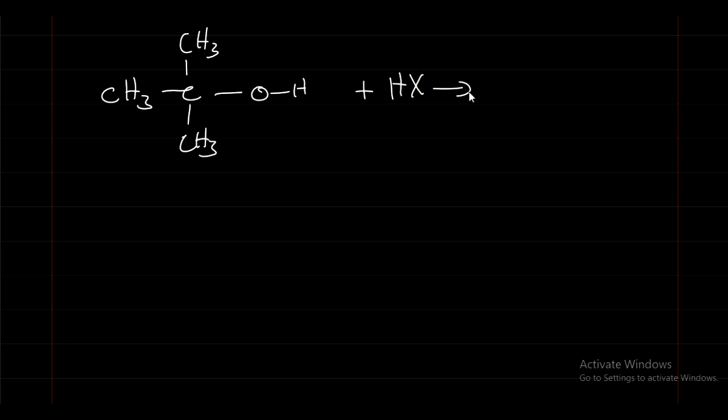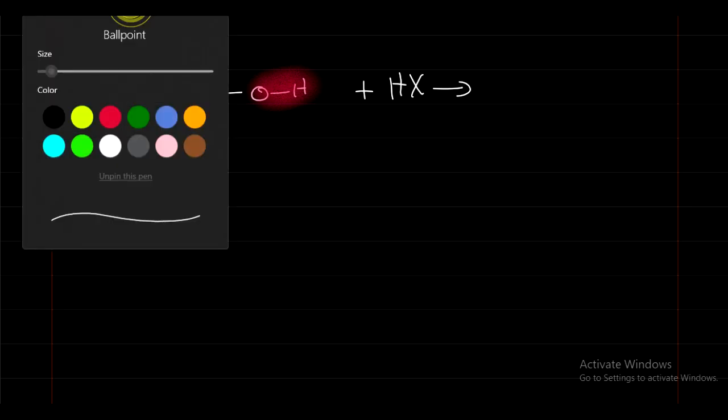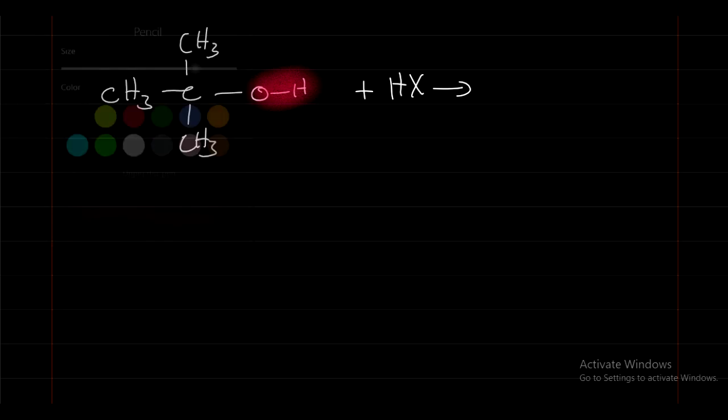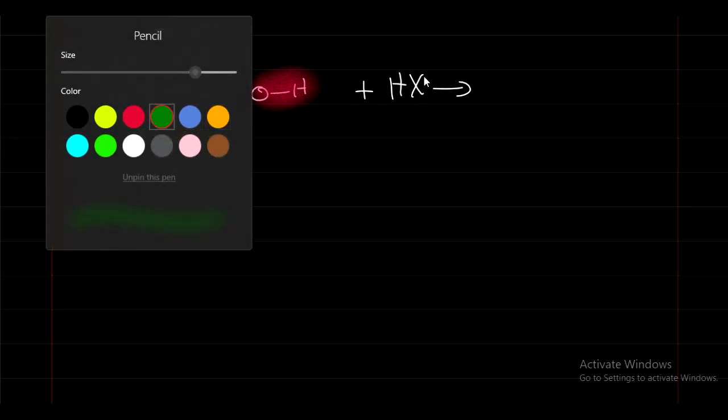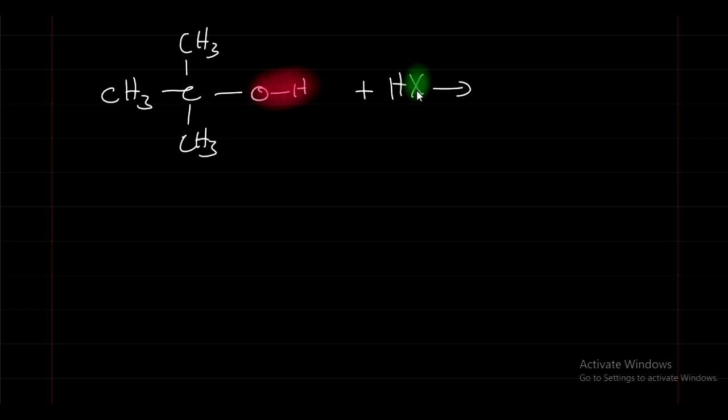So what will I get? Remember substitution. Here I have an entire OH, and then I also have the halogen. So now the halogen and the alcohol are going to exchange.